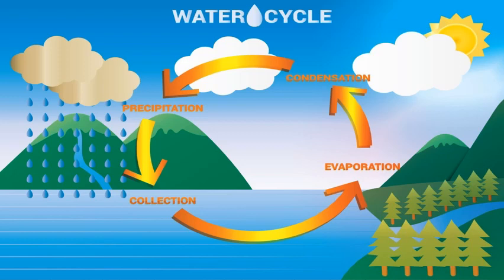As it falls down as rain and other forms, it gets collected back into the water bodies from where it started as evaporation. That is called collection or accumulation. These four are the different processes of the water cycle: evaporation, condensation, precipitation, and collection.